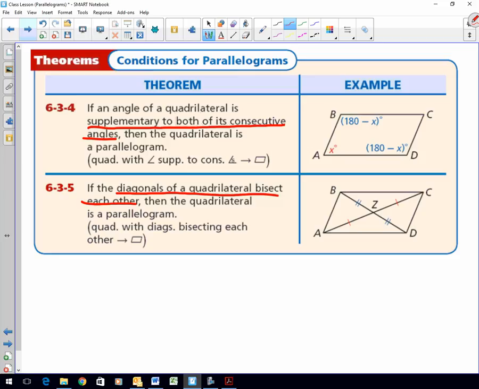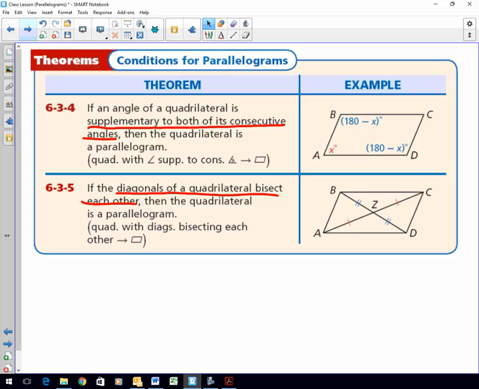Quick recap. One pair of sides, parallel and congruent. I've got a parallelogram. Two, both pairs of sides are congruent. Got a parallelogram.